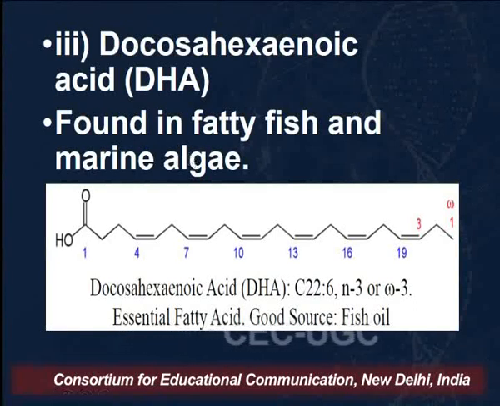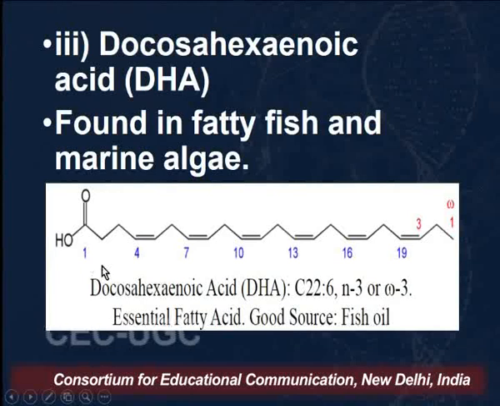The third omega-3 acid, which is important, is docosahexaenoic acid, which is also known as DHA. This is found in, again, fatty fish and marine algae, and again this is also an omega-3 acid, and as you can see when we are doing the numbering from here, we will start numbering from 1, 2 and 3.